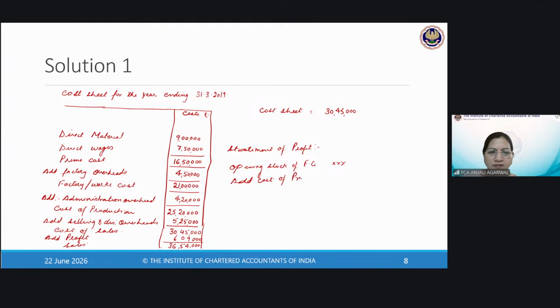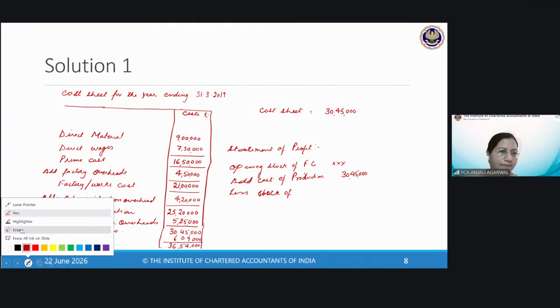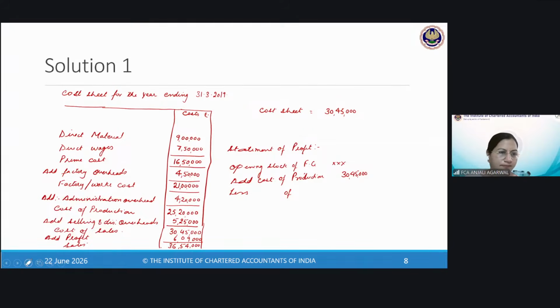Add the cost of production for this period, 30,45,000, less your closing stock of finished goods, sorry, which is again not there here, nil. This will give you your cost of goods sold.